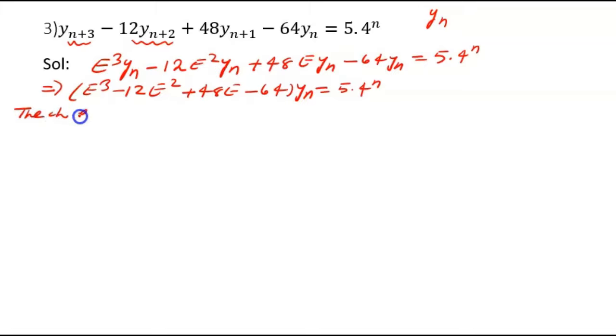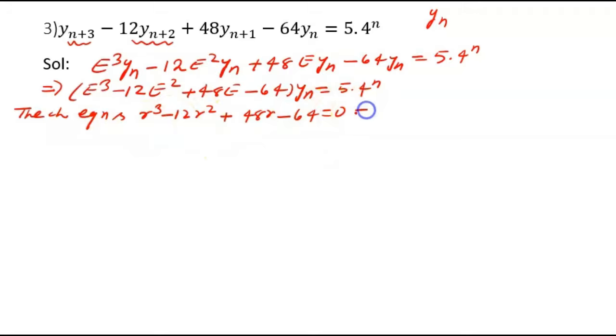The characteristic equation is r cube, because it is E cube here, minus 12r square plus 48r minus 64 is equal to 0. Here I have to write 48r; I mistakenly wrote 148, so it is 48r.